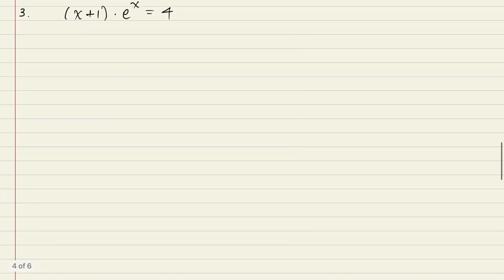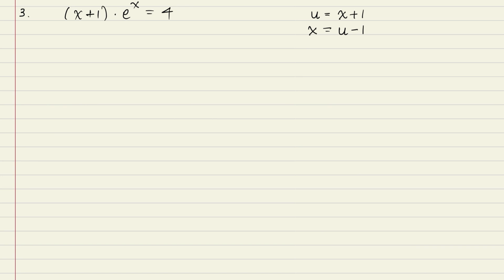Let's take a look at question number 3. As I said earlier, the questions are going to be going up in difficulty. So here we have x plus 1 multiplied by e to the x, and that's equal to 4. Now, in this case, I'm going to substitute u as x plus 1. So u is equal to x plus 1. That means x is equal to u minus 1.